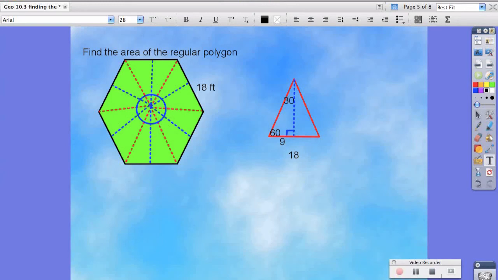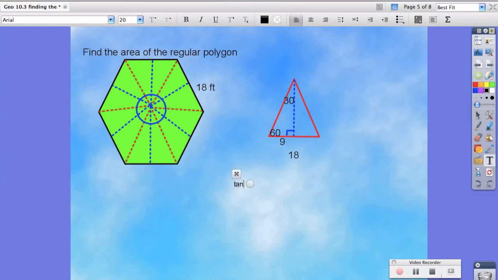Now, if you remember 30, 60, 90 triangles, this will be much easier. But because not all triangles work out so nicely, we're going to do it using sine, cosine, and tangent. So, the important thing to find here is the apothem, which is our blue dashed line.